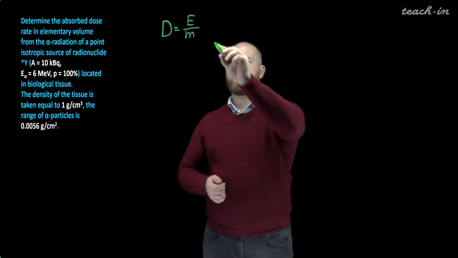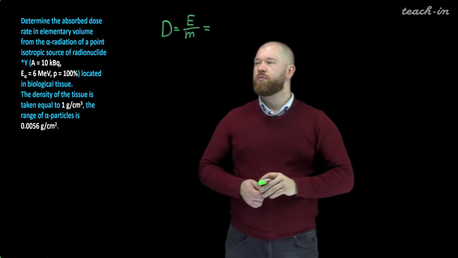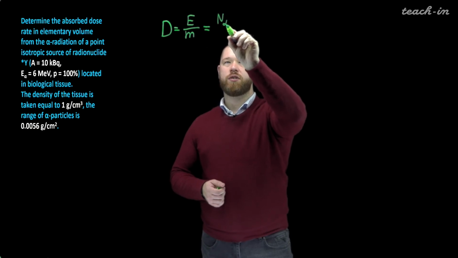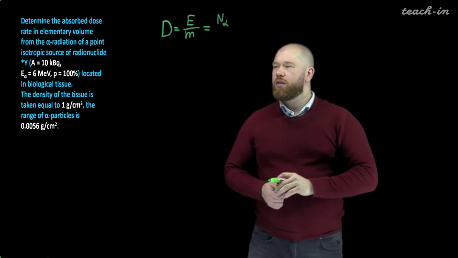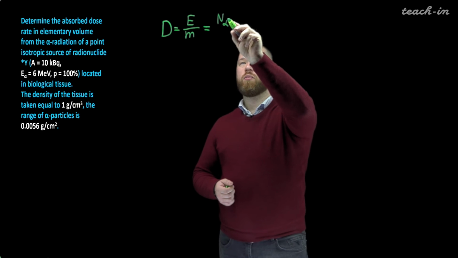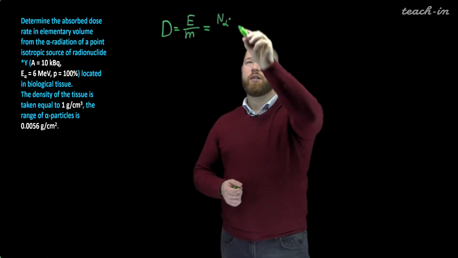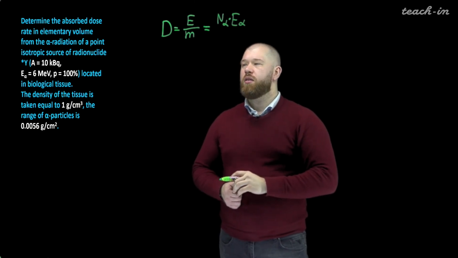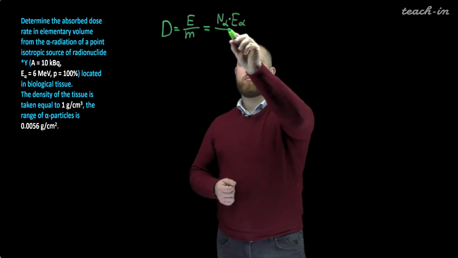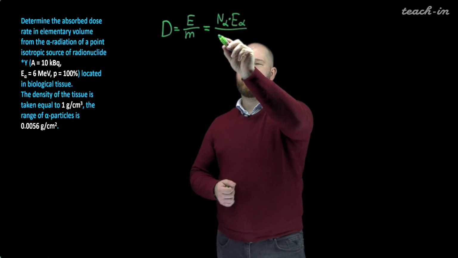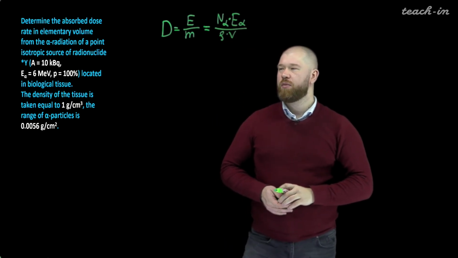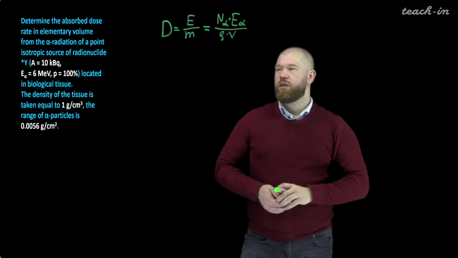Energy, how do we calculate the energy? It's simply the number of alpha particles multiplied by the energy of alpha particles. Mass is simply the product of density and the volume of our object.